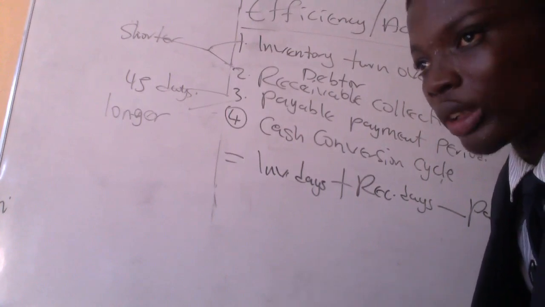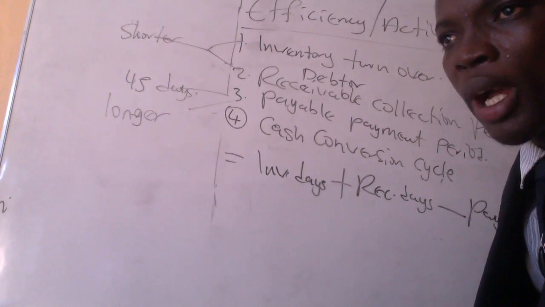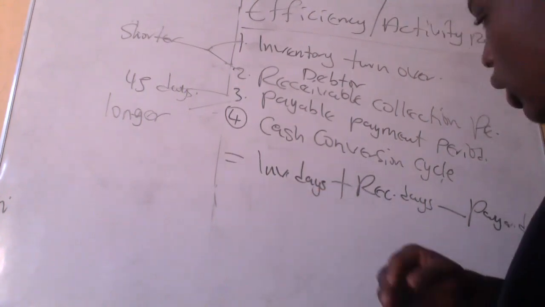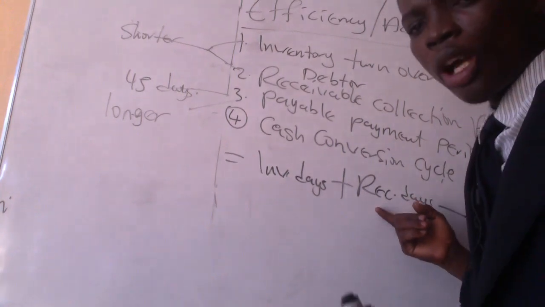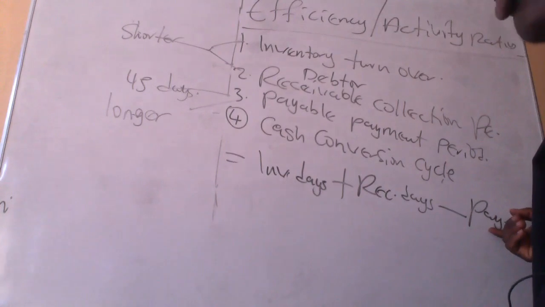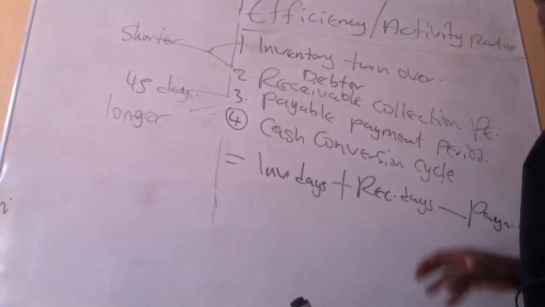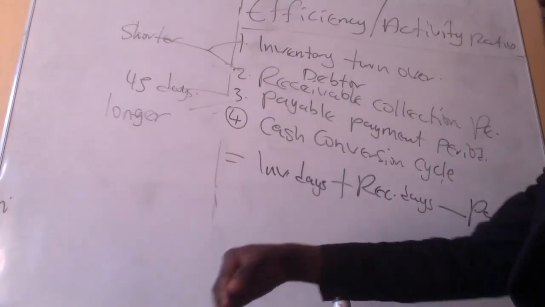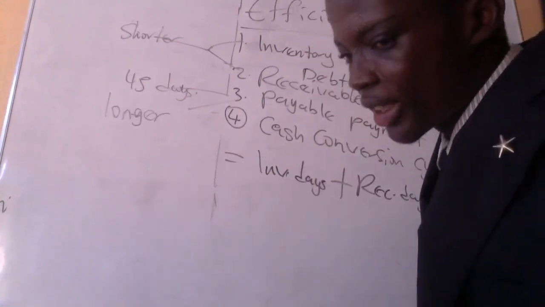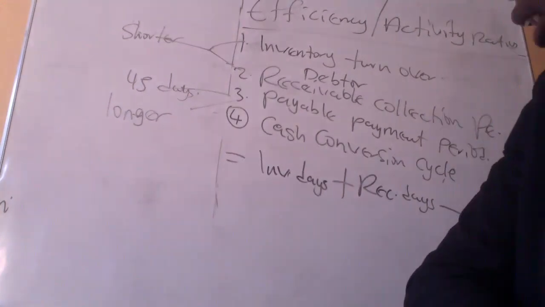When I buy the goods, how long will it take me to sell? And when I sell, how long will the customers take to pay me? And me myself too, how long will it take me to remit the money to the supplier? The net of these days will give me how long it takes to recover my investment, so that I use it for planning purposes.